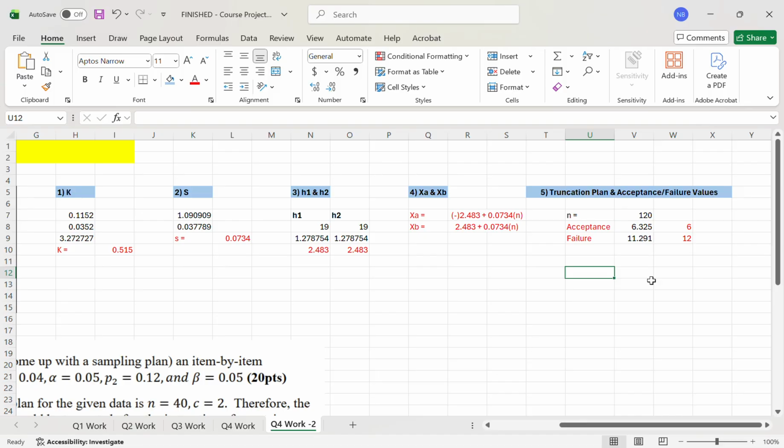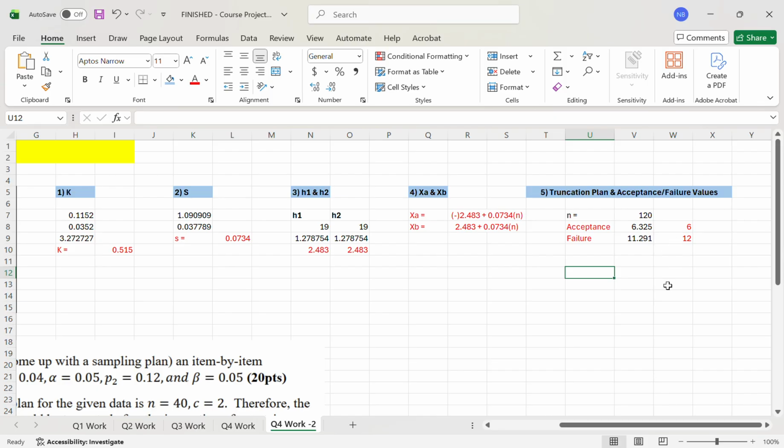Now once you have that, we can see that while we're pulling samples, once we reach 120, or we either cross 6 or 12 defects, you accept or reject the lot. So say we're pulling samples, we get to 120, and we have 6 or fewer defects.